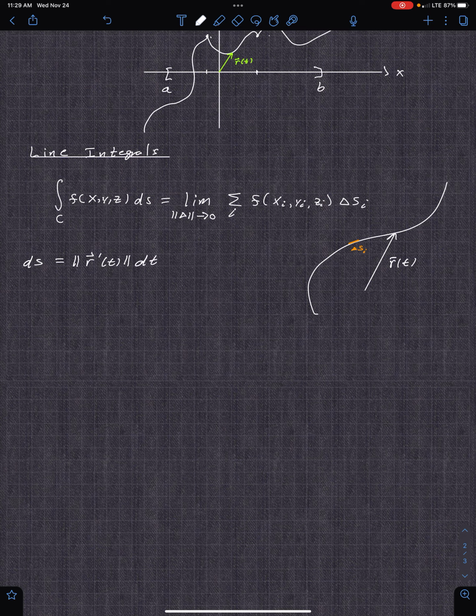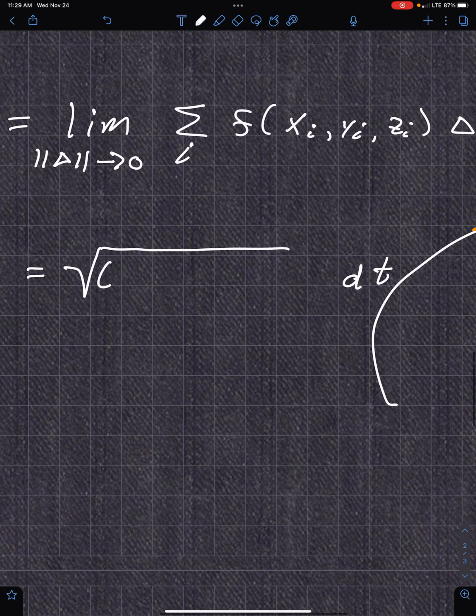So that's equal to the square root of the sum of the squares of the derivatives, dt. That's basically x prime of t squared plus y prime of t squared plus z prime of t squared.